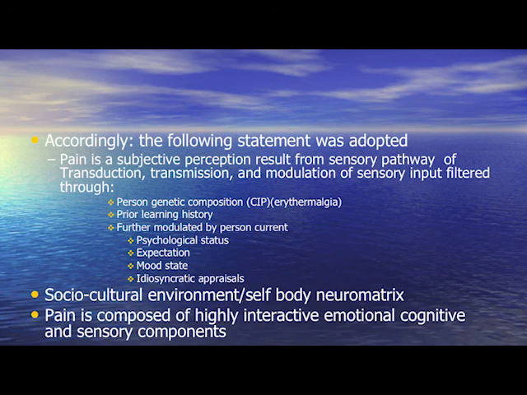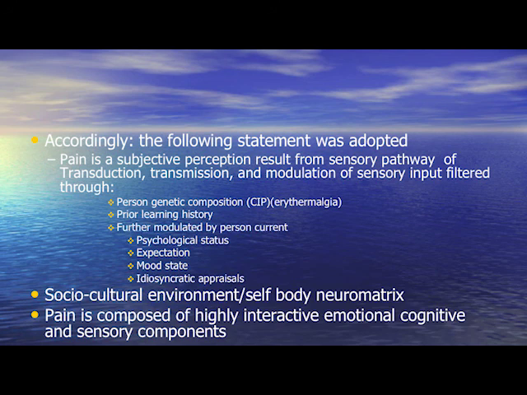So with this survey or study, we adapt a few things here in our culture-modified treatments. We say pain is a subjective perception that results from sensory pathways, transduction, transmission, and modulation, filtered through personal genetic composition, filtered through learning history, filtered through or modulated by psychological expectation, mood, and idiosyncratic appraisal.